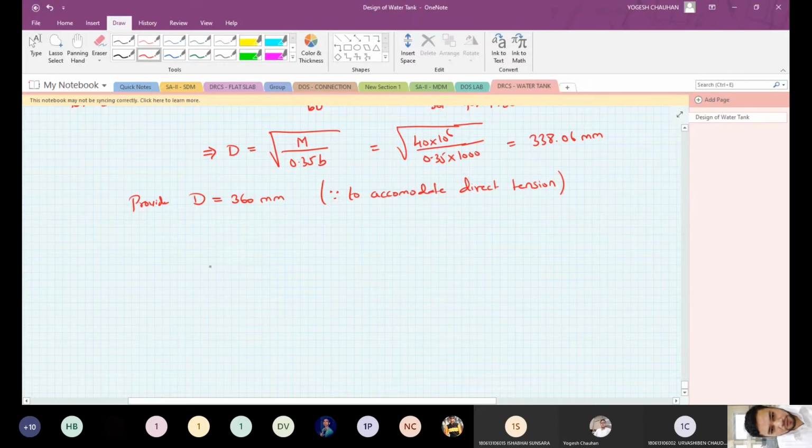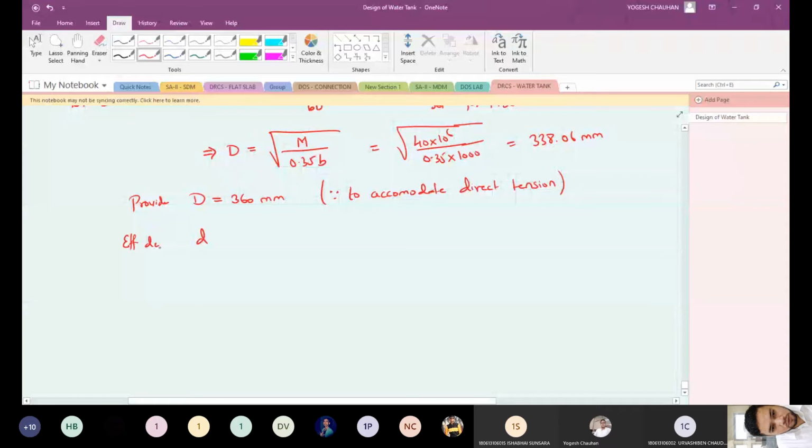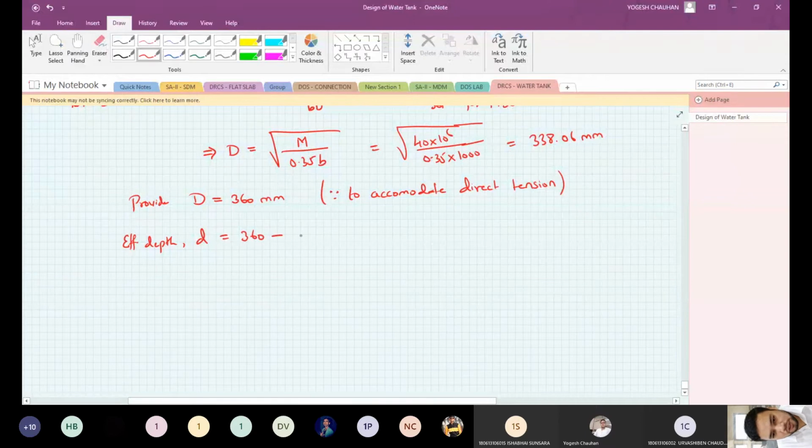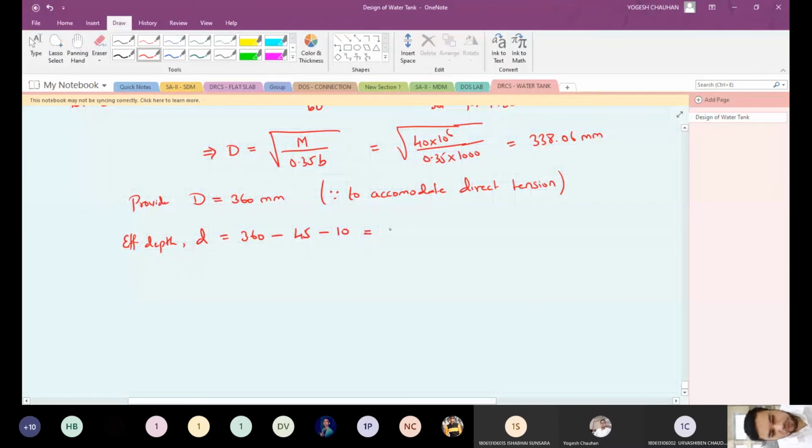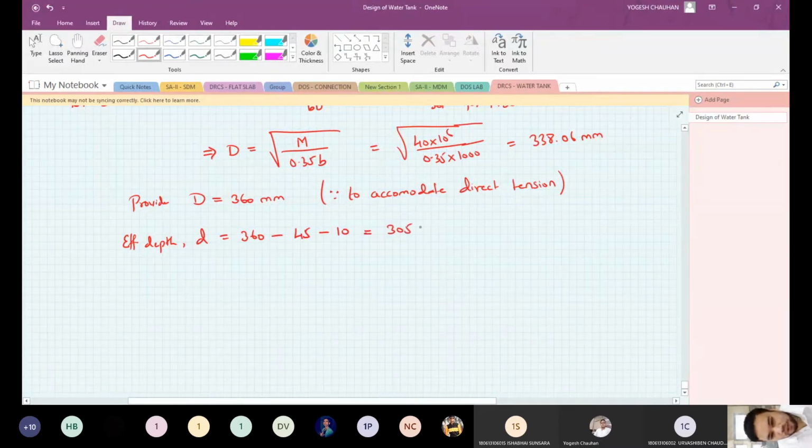So your effective depth d will be equal to 360 minus clear cover 45, and let us say 20 mm bar, assume 20 mm bar, so minus 10, so it will be 305 mm.